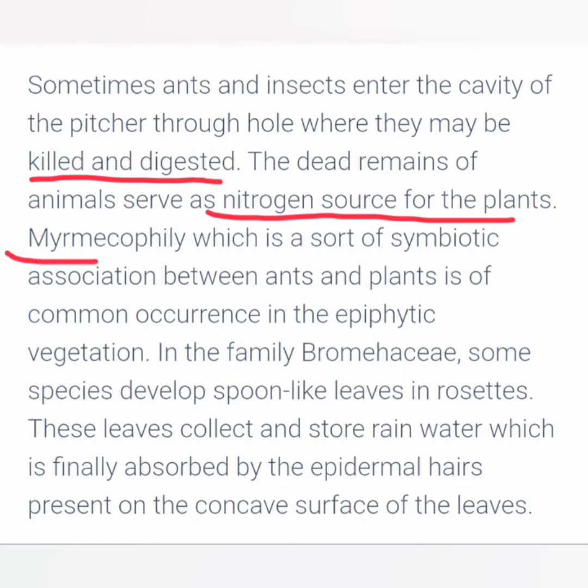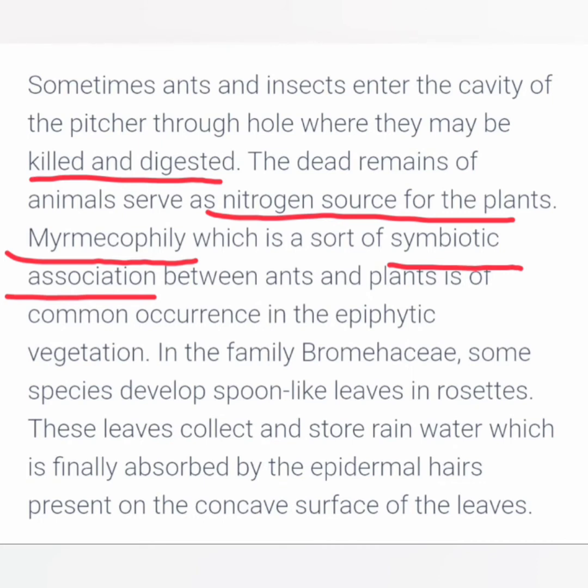And this is myrmecophily, which is a sort of symbiotic association. If you remember, girls, I had discussed this symbiotic association. It means the relationship between the plant and the insect. Just like in your fourth semester when you study the microorganisms such as bacteria and fungi, they form a symbiotic relationship with the roots, meaning they obtain nutrients from the roots and in turn they help the roots to absorb the nutrients and other requirements from the soil.